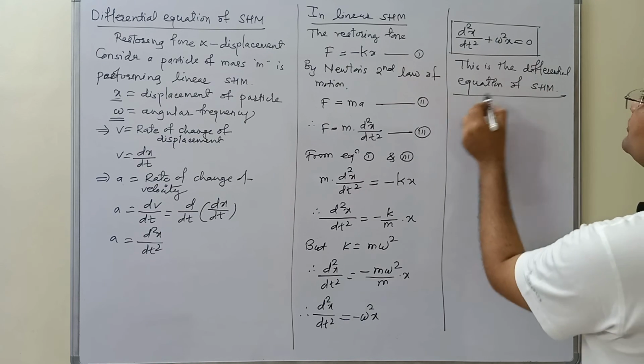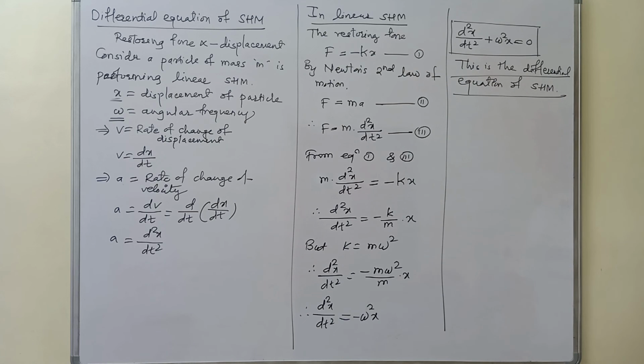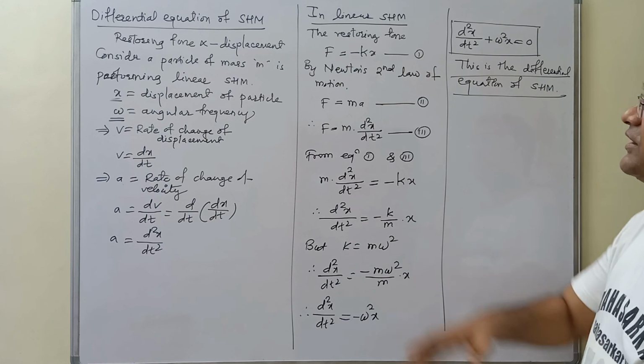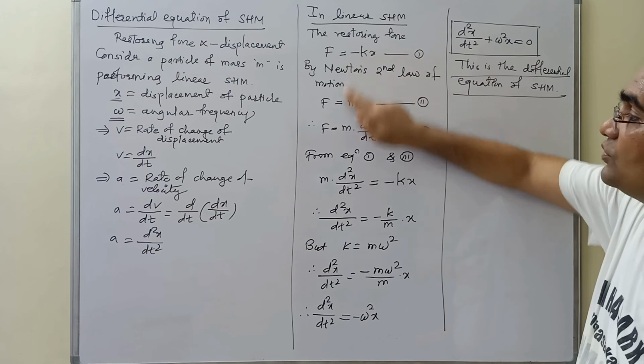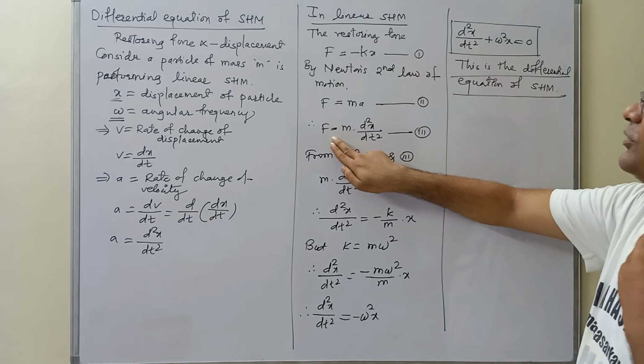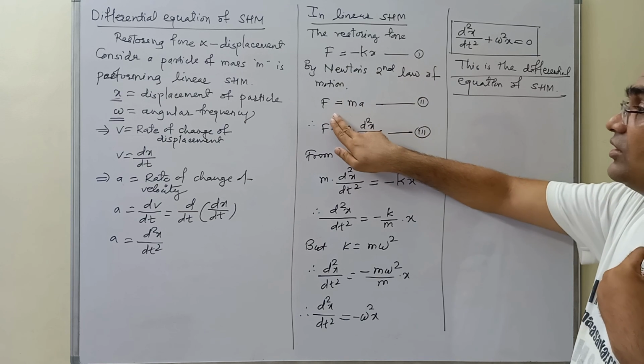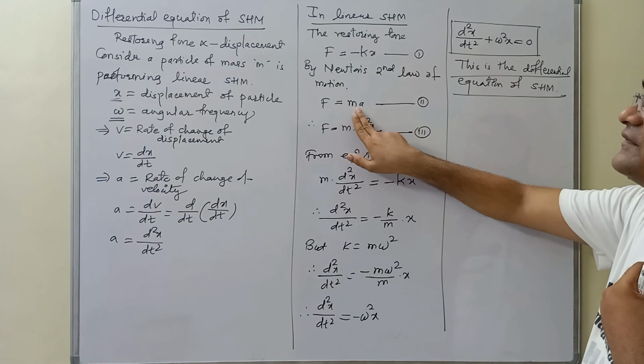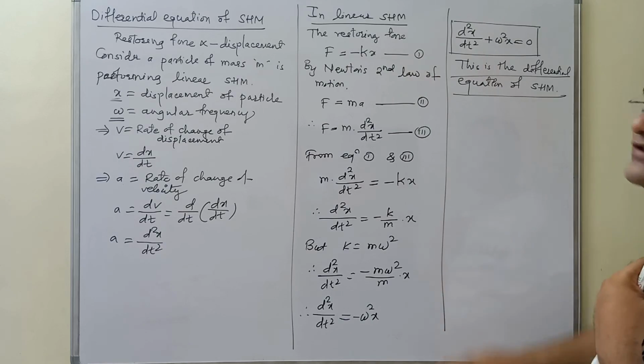This equation is very useful for studying linear simple harmonic motion, and it's quite simple also. We just need to keep these two formulae in mind. First formula is of restoring force, and second formula is of what? Newton's law, that is the second law. Force is equal to mass into acceleration. Rest all things are very simple.